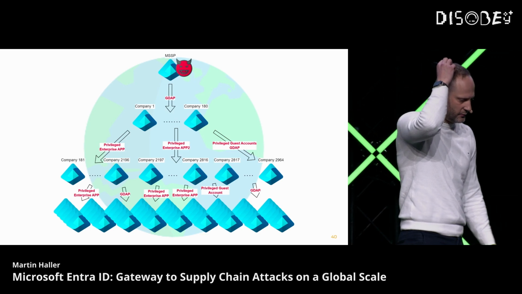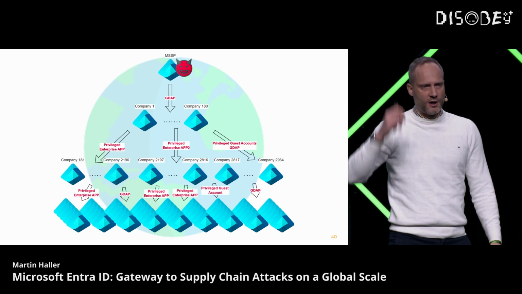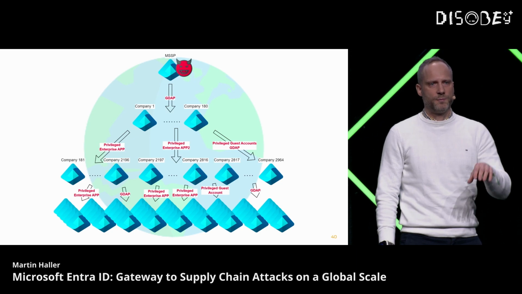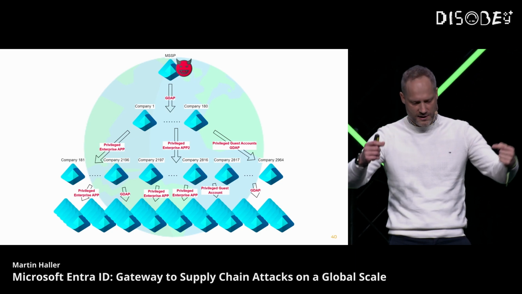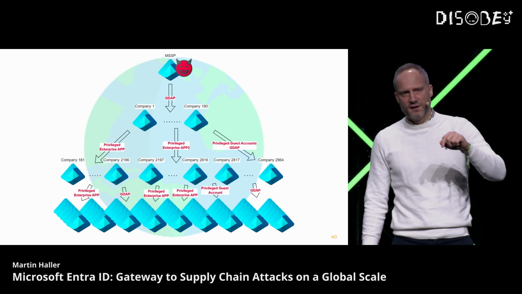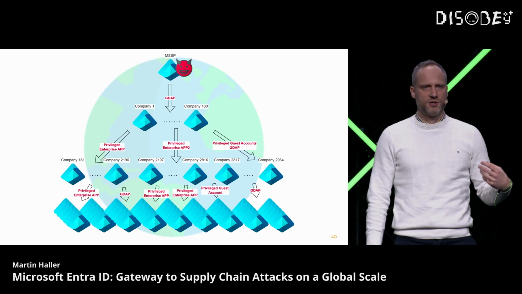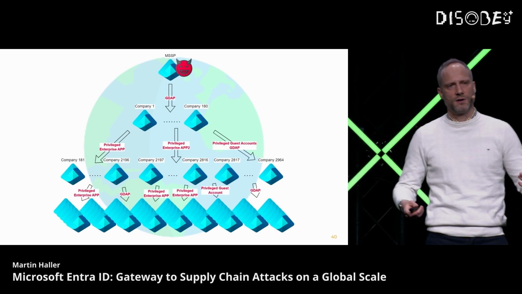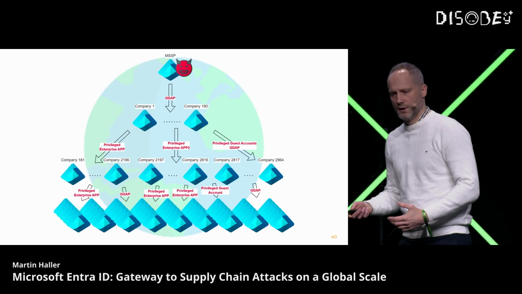Imagine that someone breaches the admin droid. They will have access to 30,000 tenants with global admin permissions. And what they will do, they will go to a single tenant and do the reconnaissance and exploitation again. So it will be like an avalanche going down. Now we are getting to the supply chain on a global scale.